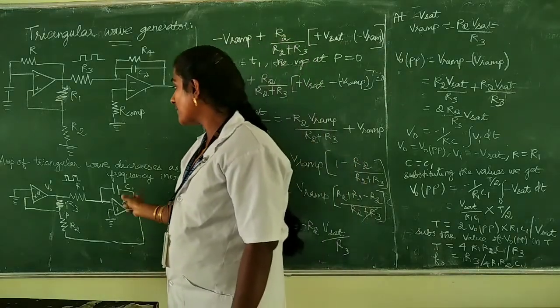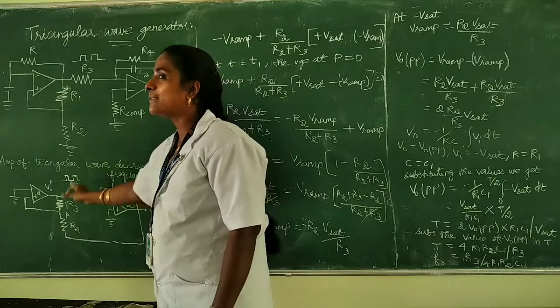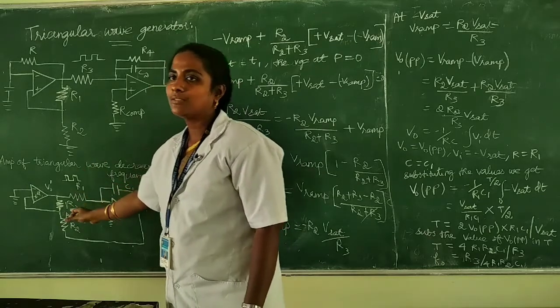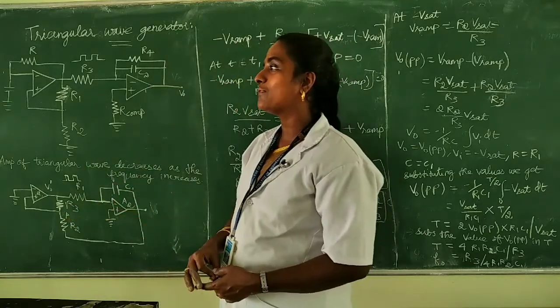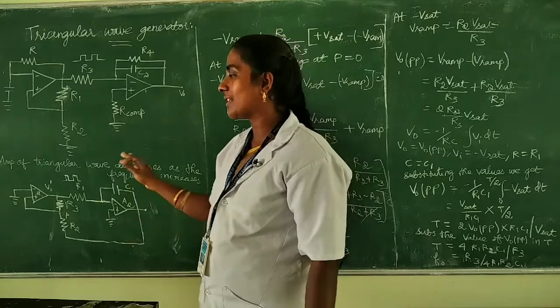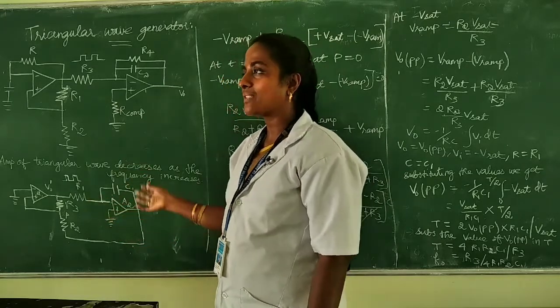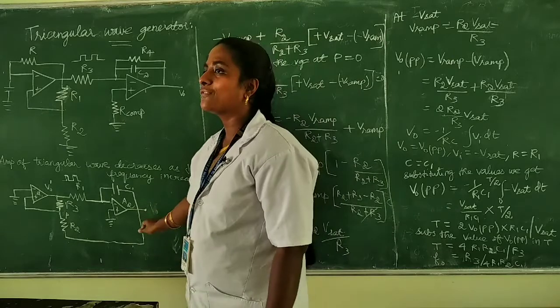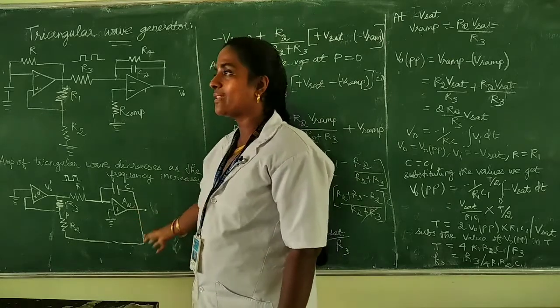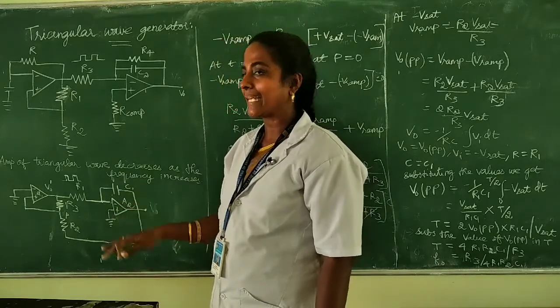This produced triangular wave is next fed back to the feedback path. The output of the first comparator A1 is V saturation and the output of the next comparator A2 is a negative outgoing ramp.